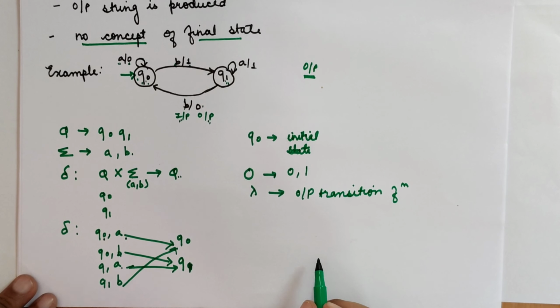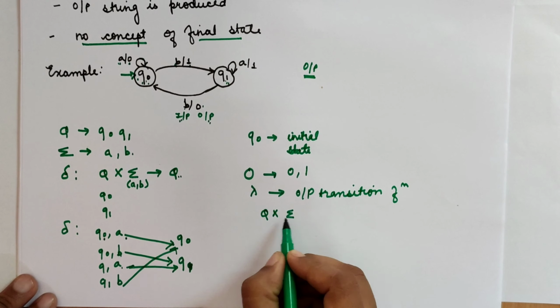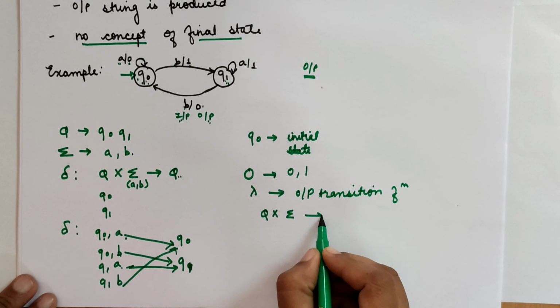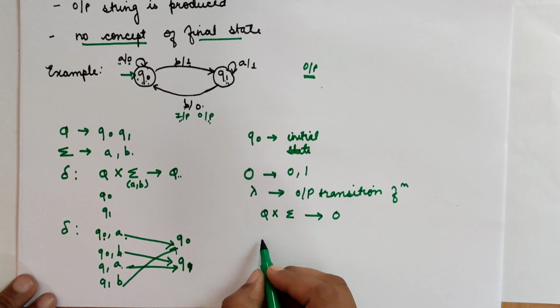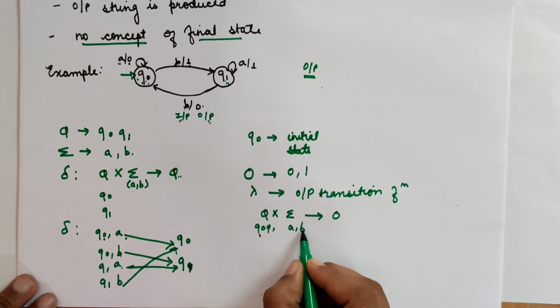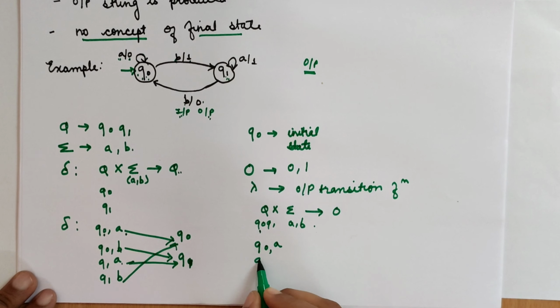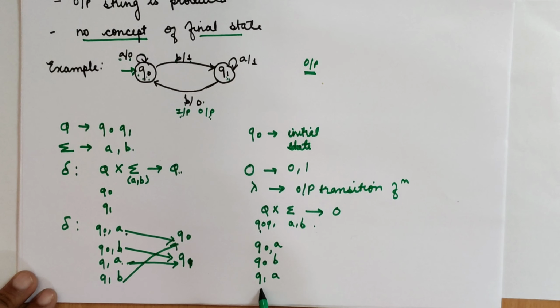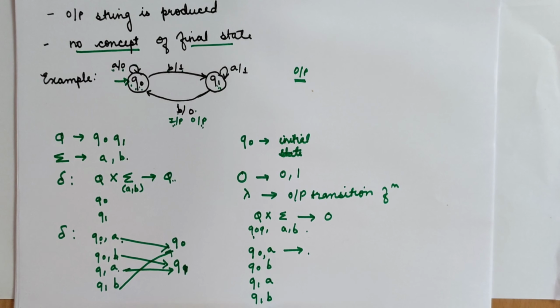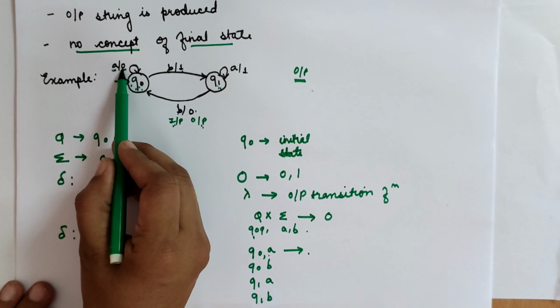Now what was happening in the output transition function? On some input, the states are going to produce the output. So we will first write down the states, Q0 and Q1, and the inputs A and B. We will write down all the possibilities: Q0 with A, Q0 with B, Q1 with A, and Q1 with B. Q0 on input A is producing the output 0.